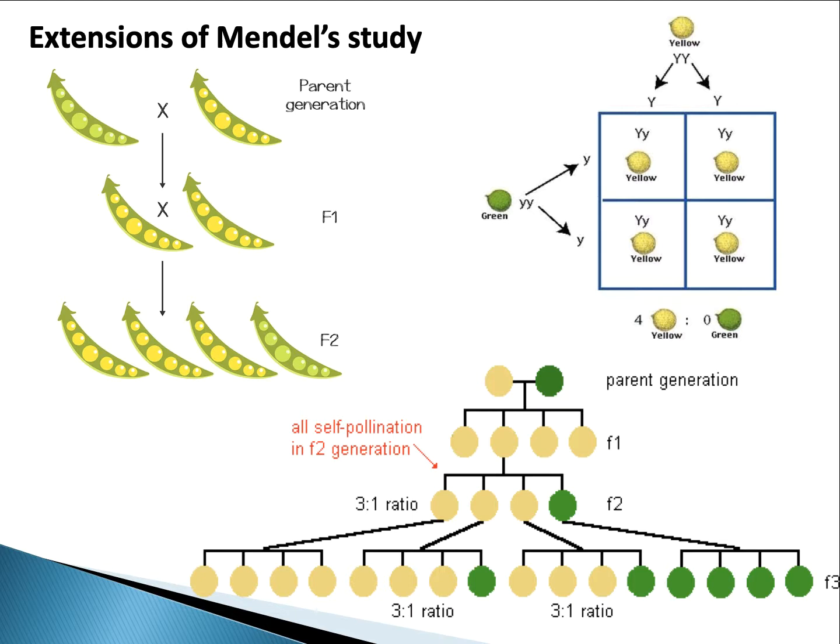A dominant allele will always show the dominant character, and the recessive allele will only show that recessive character if 2 of those chromosomes or genes are present in the diploid at the end.